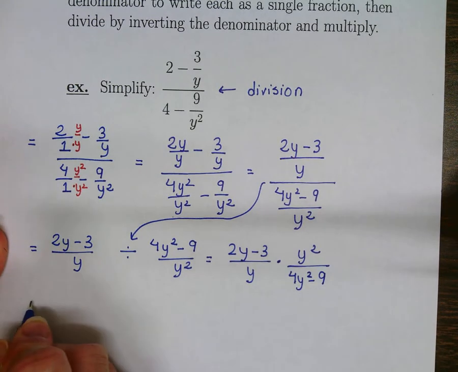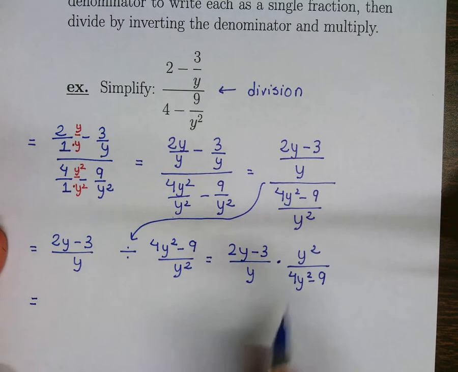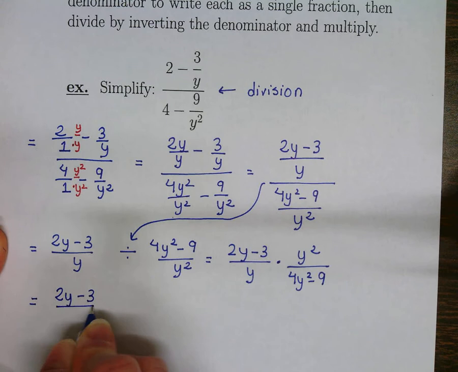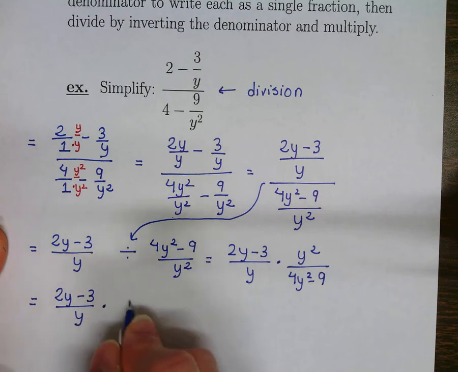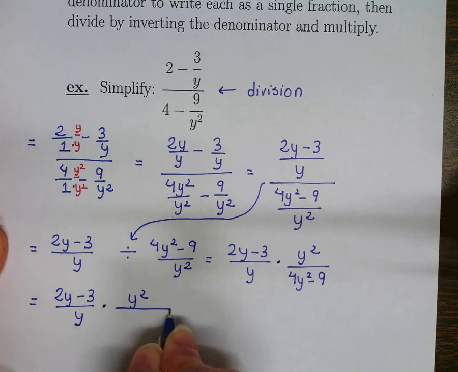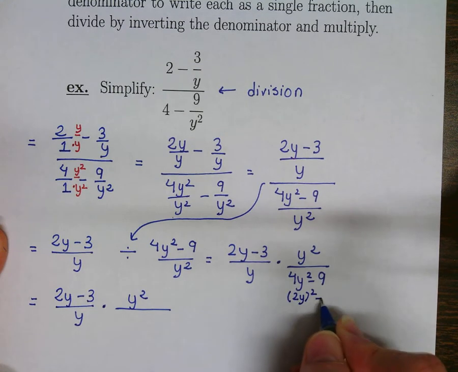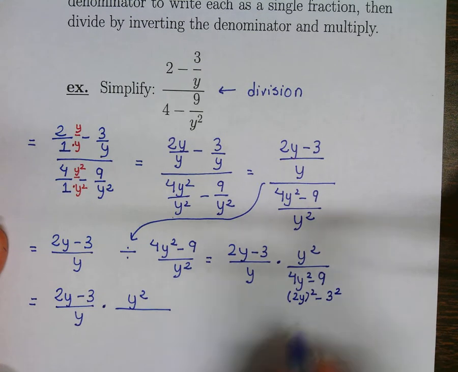Okay? And finally, then, we want to simplify and reduce. And we do that by factoring. We can't factor the first fraction, but we can factor that second denominator. It's the difference of squares. It's 2y squared minus 3 squared.